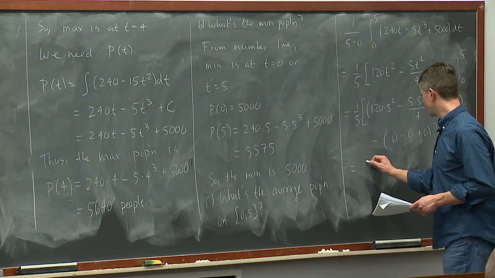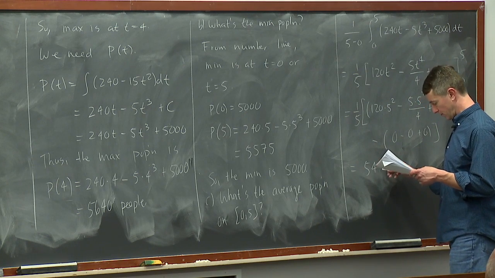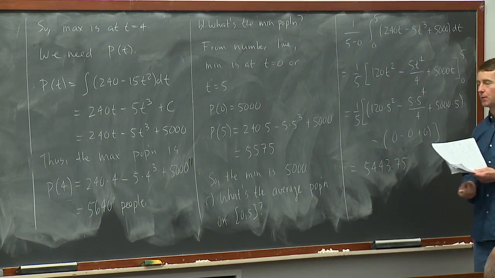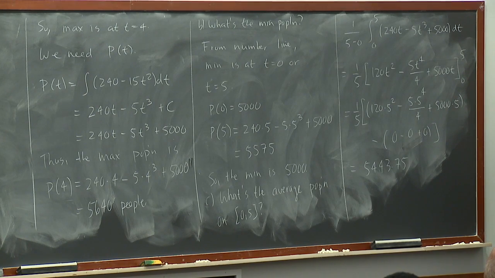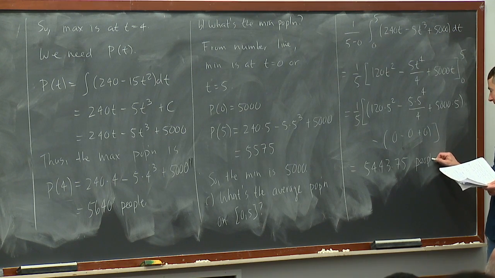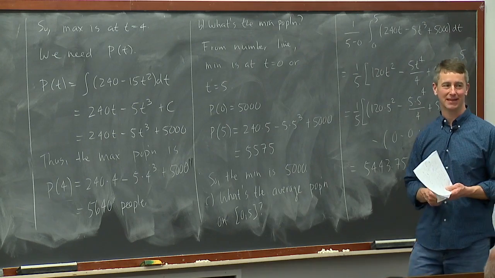And it all works out to be 5443.75. And what are the units? People, or people per year, or people years? Just people, right? The actual average population during those years was that many people.